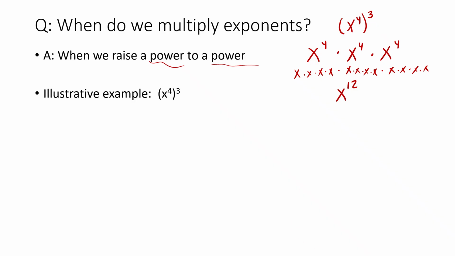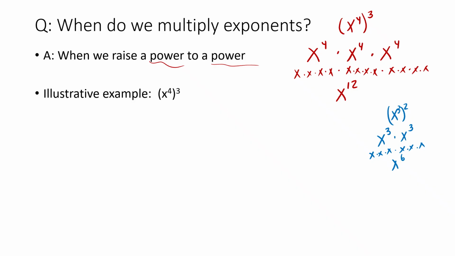And we could see that maybe with something a little bit smaller. If I had x to the 3rd all squared, well, that would be x to the 3rd times x to the 3rd. So I would have 3 x's and 3 more x's, which would give me 6 x's total, which would be much faster to get by just doing 3 times 2. And same with the previous law.